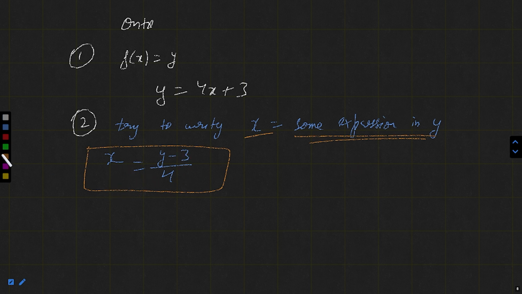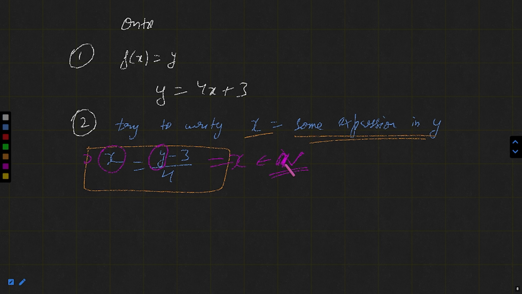Now we will try to see what value of y we can put over here, what restriction y is having, and what value of y we will be putting such that x over here must belong to the natural number set, and this cannot be disobeyed.